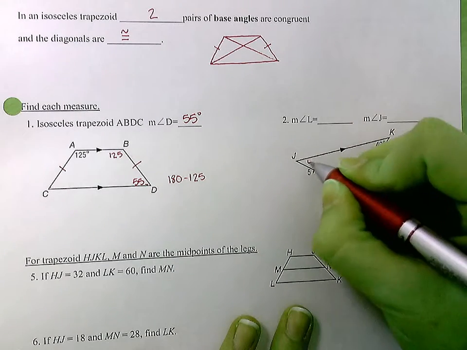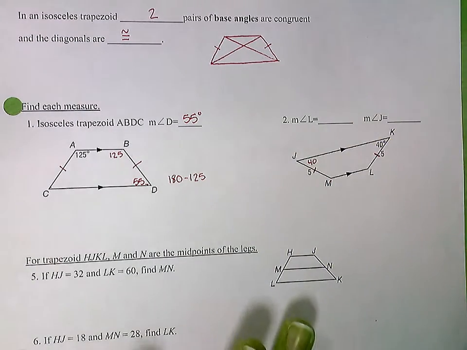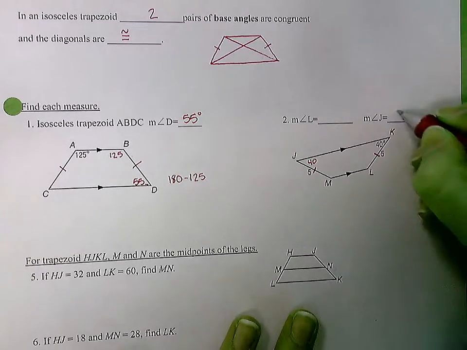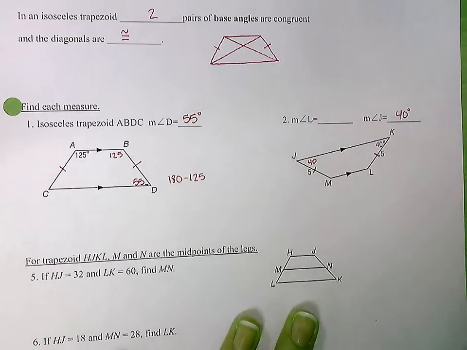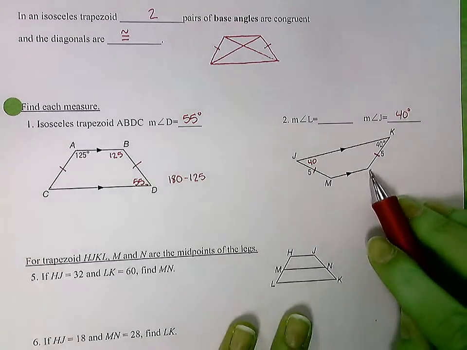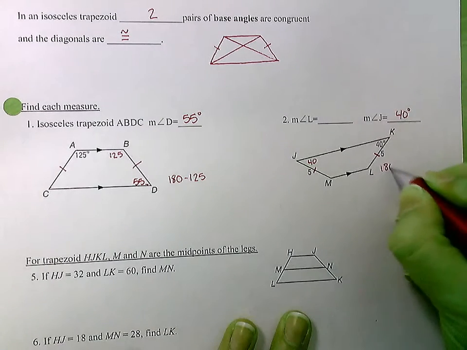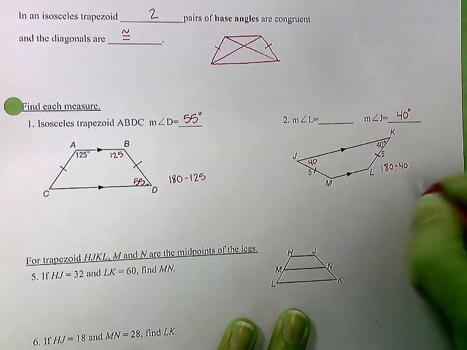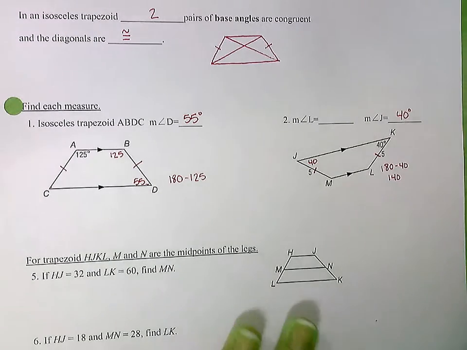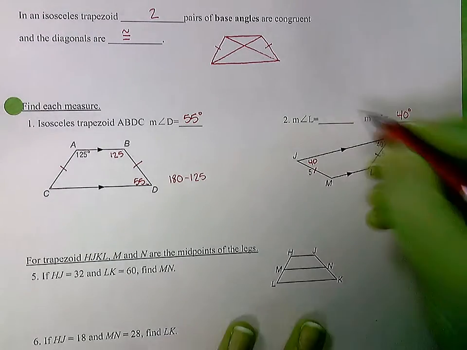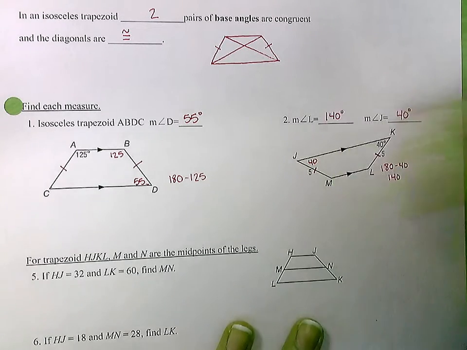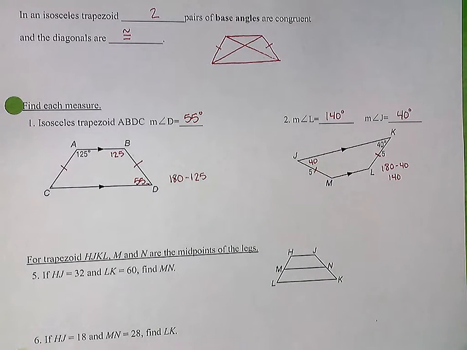Those would be congruent angles. So I found J already. That was 40. Now I want to find L. How do I find L? Good job. Okay, so I do get 140 for angle L. Any questions finding those base angles?